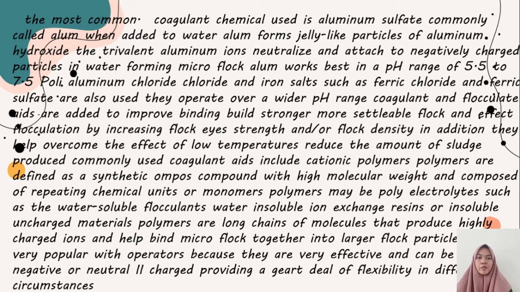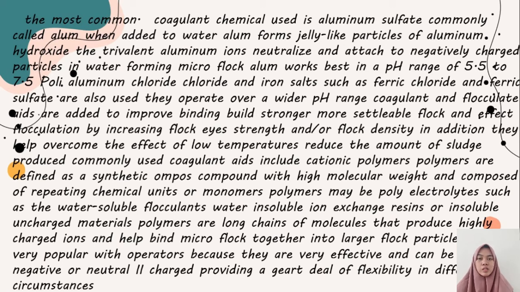Coagulant and flocculant aids are added to improve binding, build stronger, more settleable floc, and affect flocculation by increasing floc strength and/or floc density. In addition, they help overcome the effect of low temperatures and reduce the amount of sludge produced.